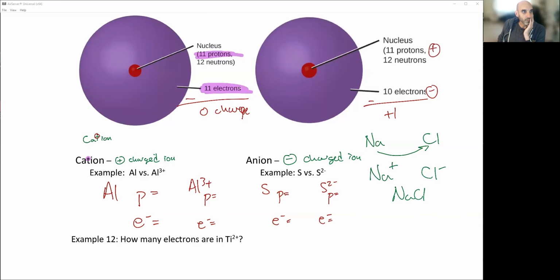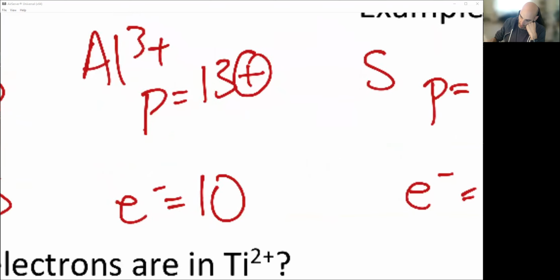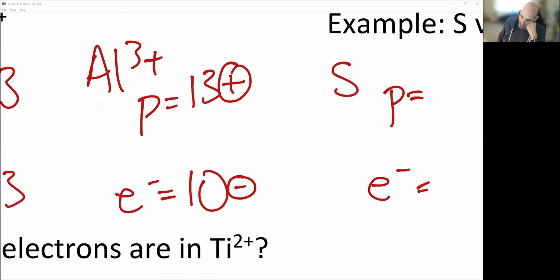If we take a look at aluminum, it has 13 protons and 13 electrons in its neutral state. In its +3 state, I have 13 protons and 10 electrons. Notice that if there are 13 positive charges, I have countered all but 3 of those negative charges.